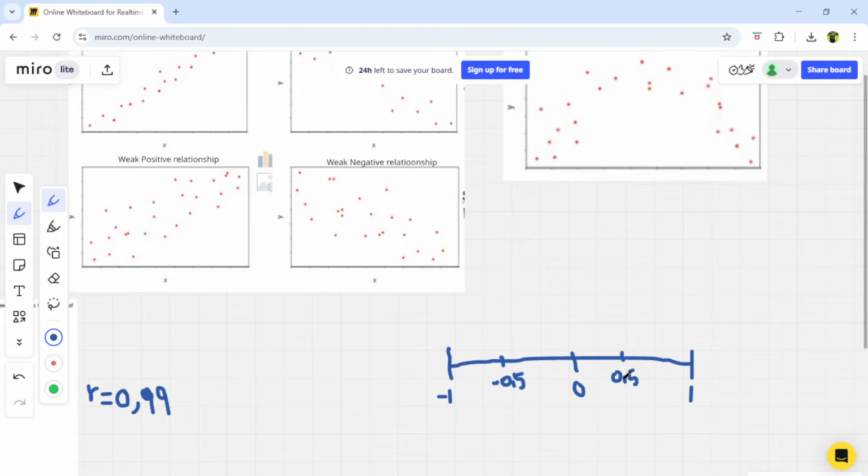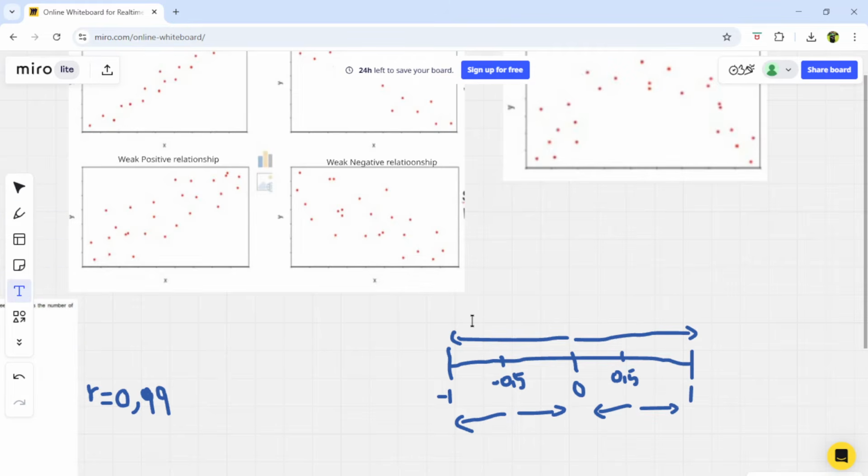All right. So now from here, I'm going to do this. And then I'm going to do this one as well, this one over here and this one over here. And then I'm just going to write a few things.